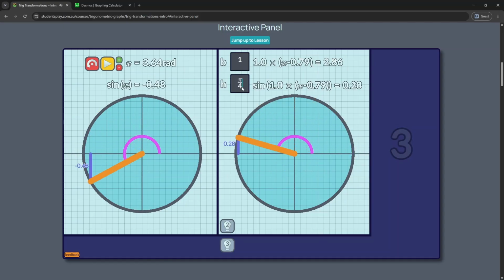Let's try something else. Like what about pi on 3? Okay, and so same thing. Let's go back to pi, and instead of pi, we go back by pi on 3 because we're minusing pi on 3, and then we get left with that. Okay, pretty straightforward, right? Cool. If we want to do the opposite, we can make this negative, because that way we're minusing the minus.